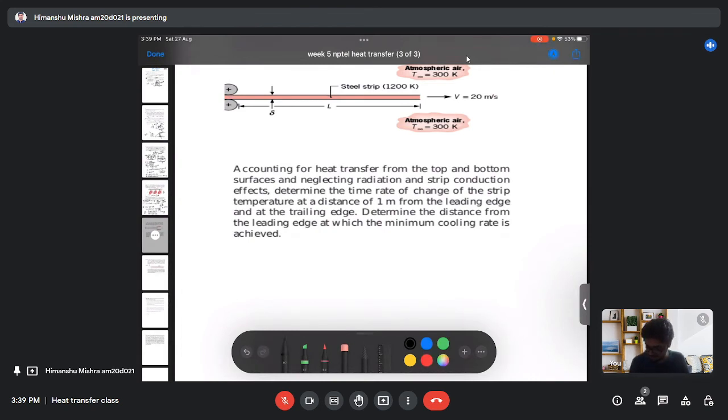So we have been given a strip, and we need to find the similar rate of change of temperature with time here. From the previous question, we know that to find the rate of change of temperature, we need an energy balance for this strip.